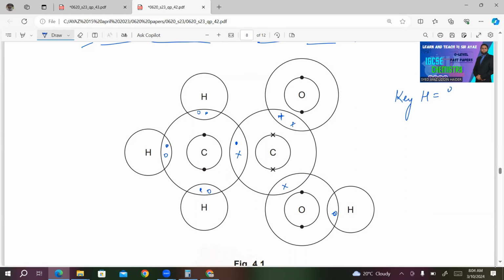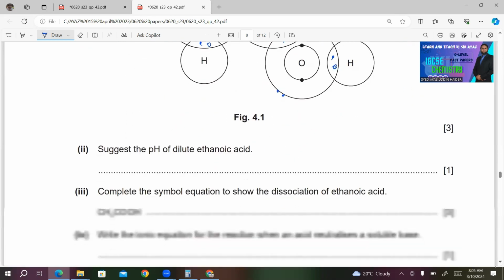Oxygen has 6 valence electrons. 2 electrons are already shown for the oxygen atom which is attached to hydrogen. 1, 2, 3, 4, 5, 6. Now the oxygen which is attached to carbon, two of the valence electrons will be shared with the carbon. 1, 2, 3, 4, 5, 6. So this will be the final dot and cross diagram for ethanoic acid.